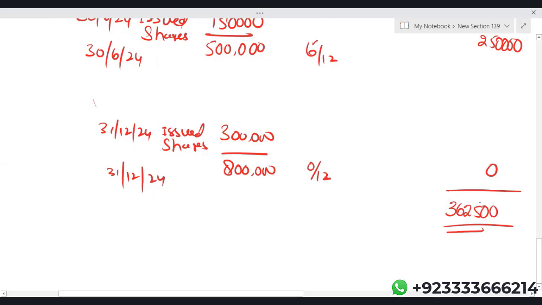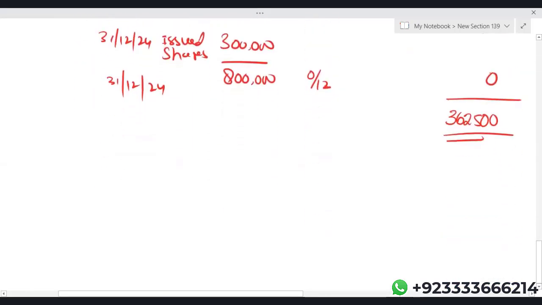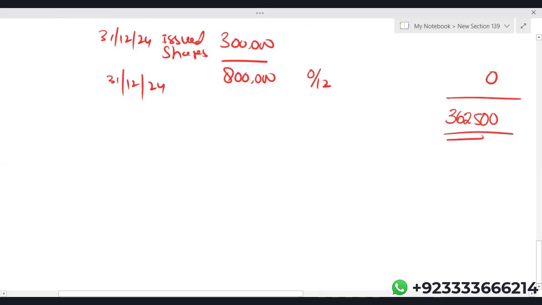I'm getting weighted average ordinary shares 3,62,500. Now, let's try to include bonus.